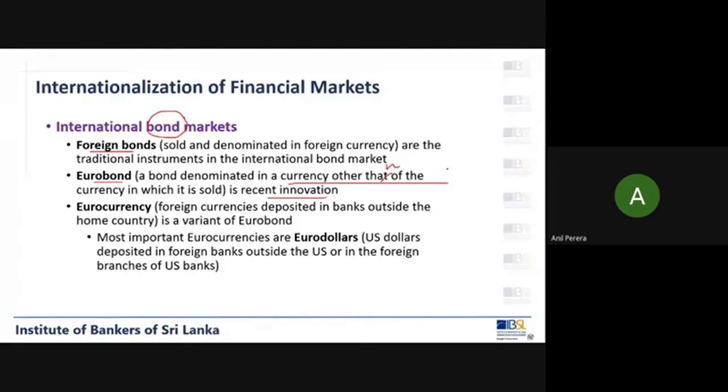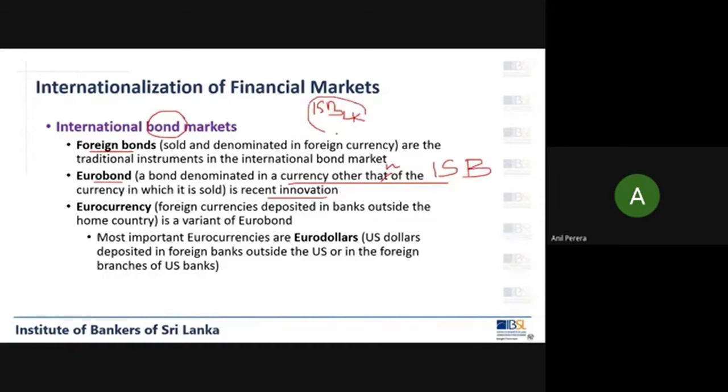Now, the best example for a euro bond is the ISB, International Sovereign Bond. For example, Sri Lanka issues an ISB.